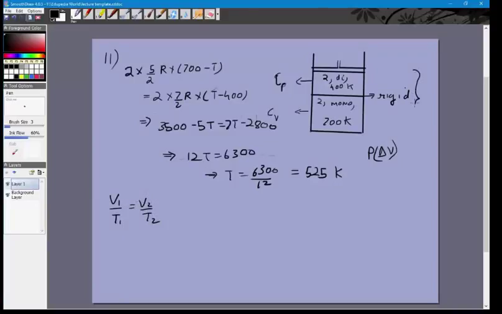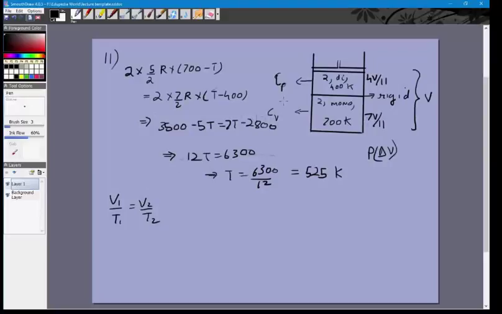And let's assume initially the total volume was V, right? So initially the total pressure obviously was the same because it's free to move. So that means initially the volume was divided in the ratio of temperature. This is 400 and this is 700. So this is obviously 4V by 11 and this is 7V by 11, right? I hope nobody is confused on how I got this. This is 4x, this is 7x, their sum will be the total volume V, right?